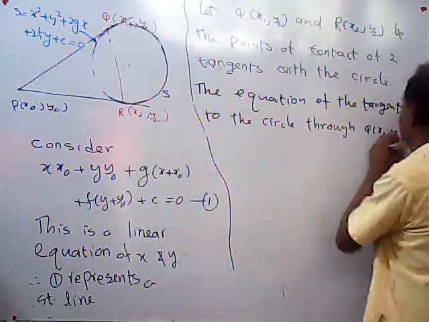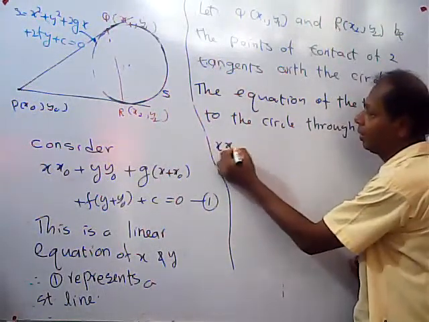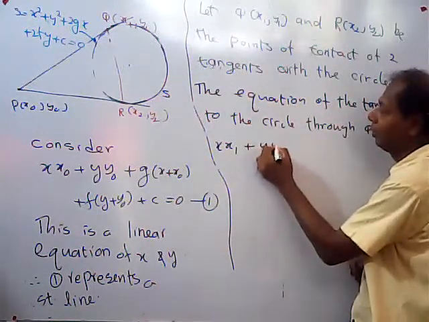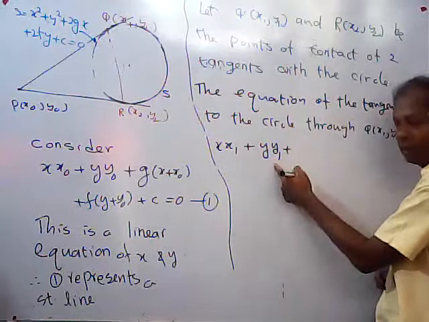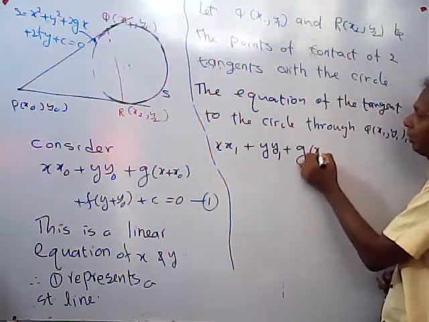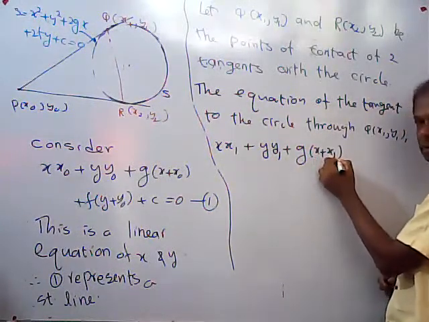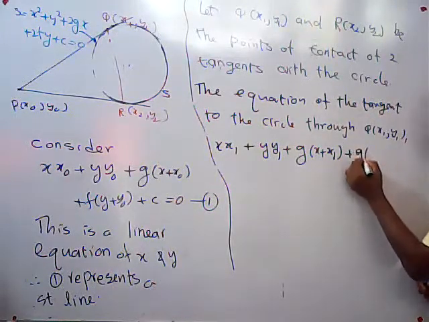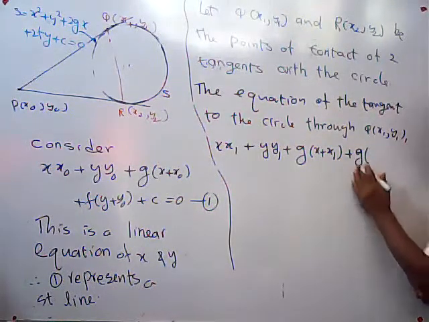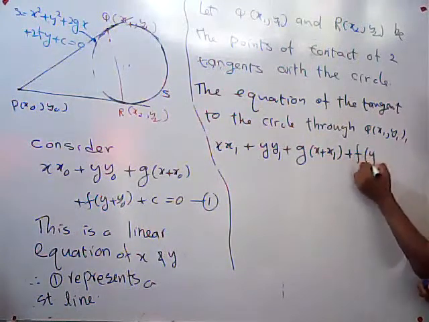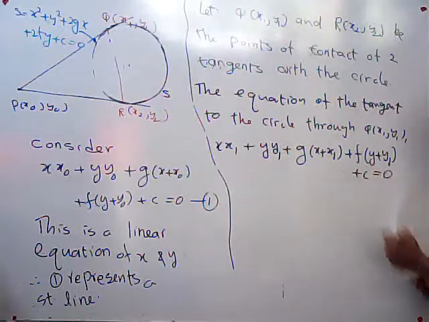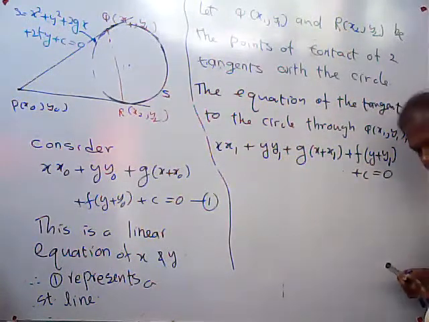So it's given by x1 x plus y1 y plus g times (x plus x1) plus f times (y plus y1) plus c equals 0, right?